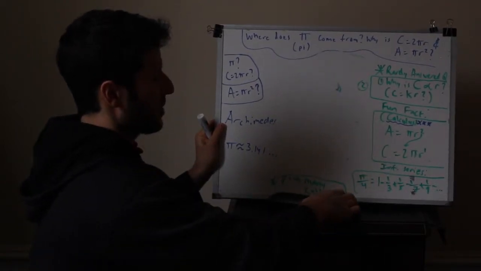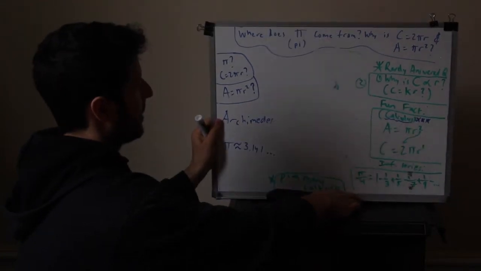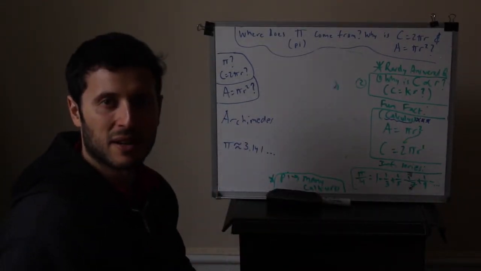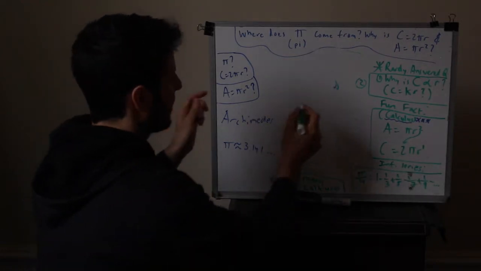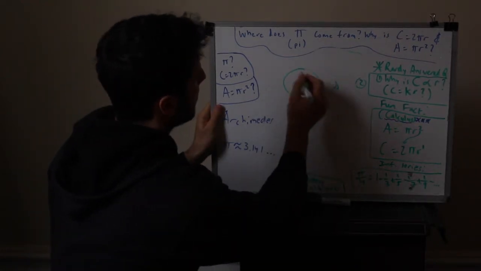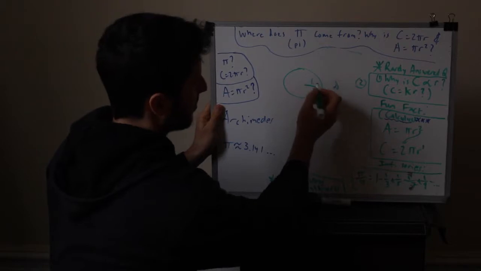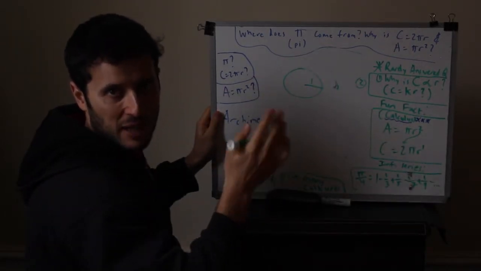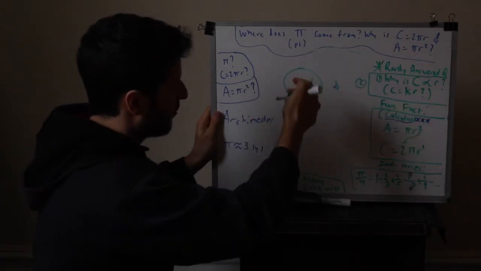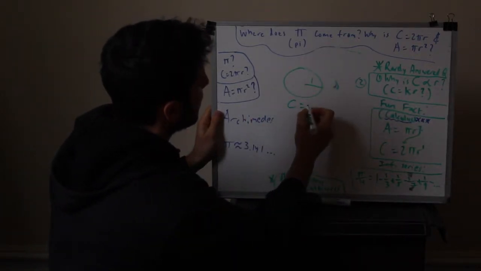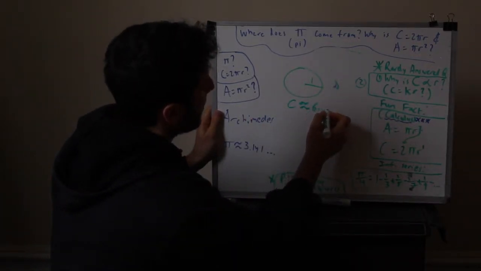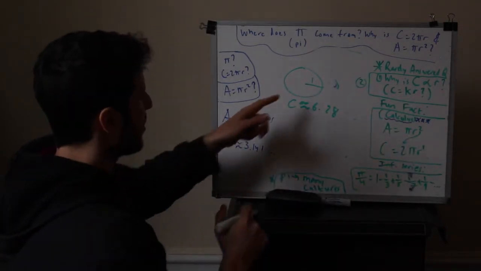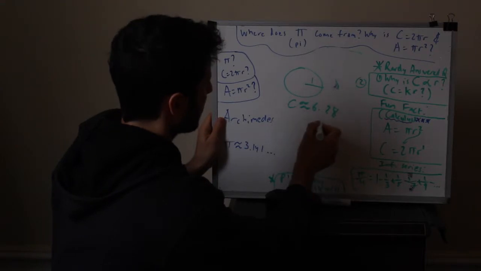So there are many ways to think about this, but let's try it this way. The first way you might think about is kind of just experimentally. You have a circle, let's say it has a radius of 1. And you've measured it. You had a rough measuring rope, and you figured out that the circumference is about 6.28, approximately. Now you drew a larger circle.